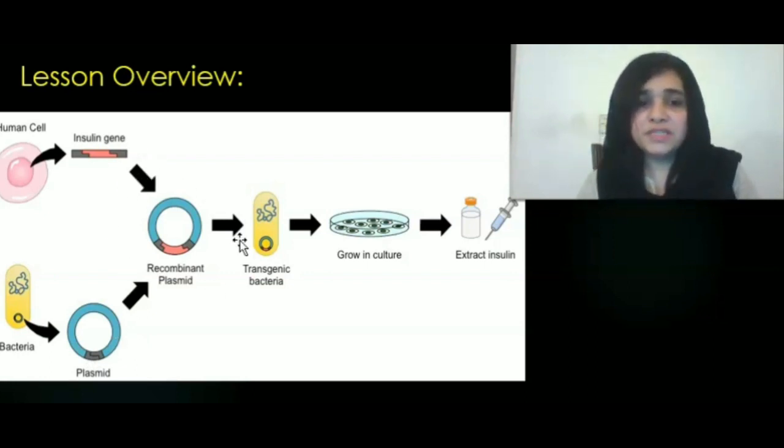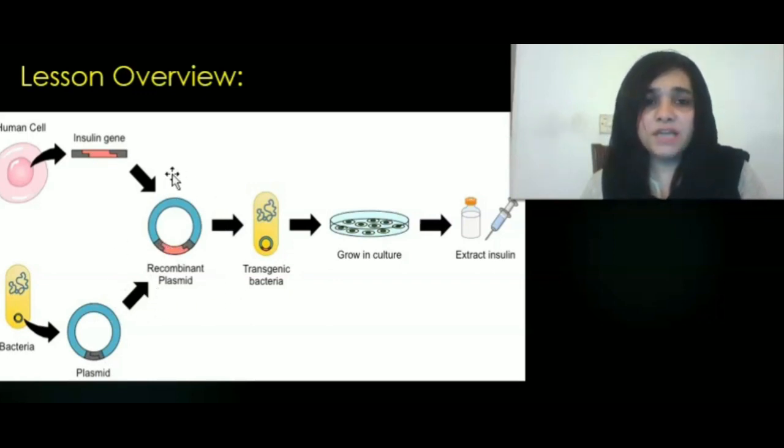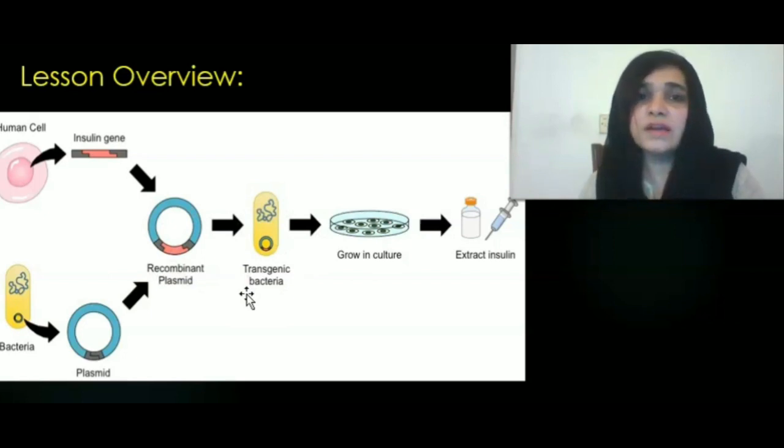Once we obtain the sticky ends, we mix the insulin gene and the plasmid with the help of DNA ligase, and the recombinant plasmid is formed. Once the recombinant plasmid is formed, we insert it into a bacterium. In this case, we use the E. coli, Escherichia coli bacterium.